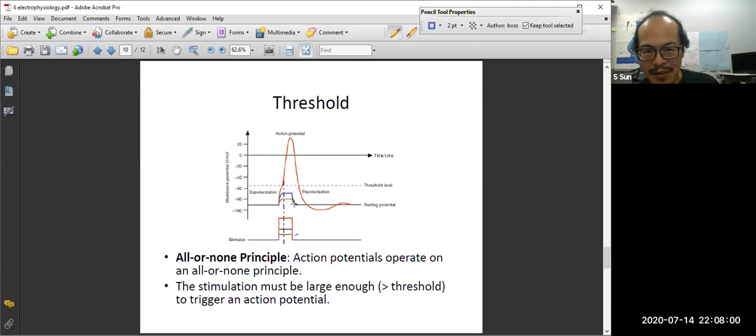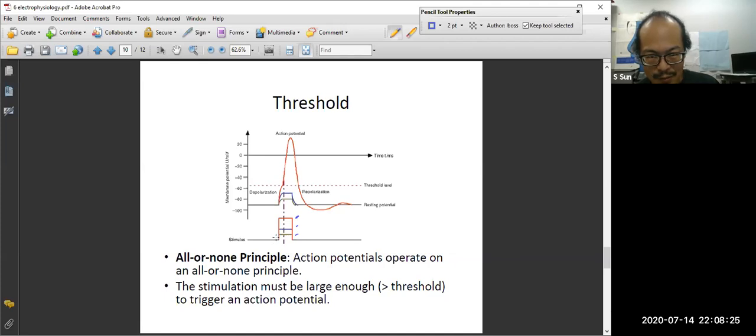This membrane potential has a term, but don't worry about the term. It's not high enough to trigger an action potential. And if your stimulus is this high, it's still not high enough. Only if your stimulus is this high do you trigger an action potential.